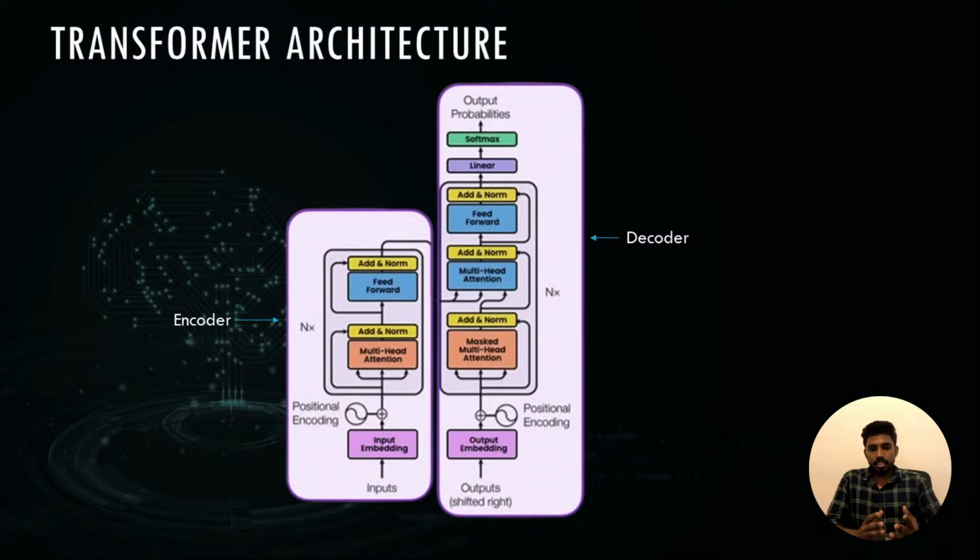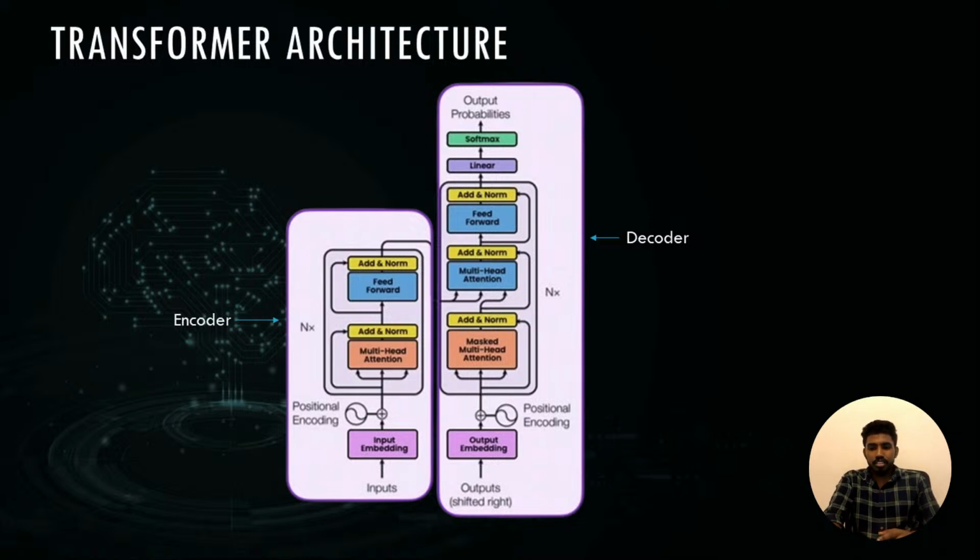It has input embeddings, positional encodings, attention mechanism, feed-forward neural network, and normalization and residual connections. The large language models use this architecture to build their models.